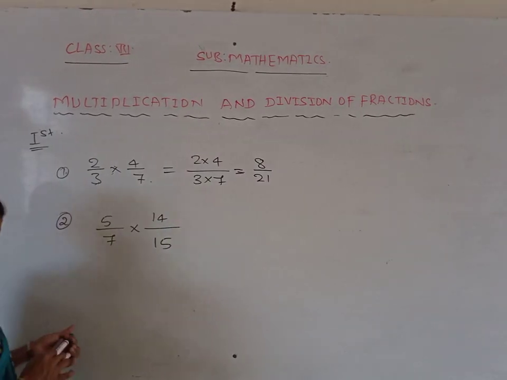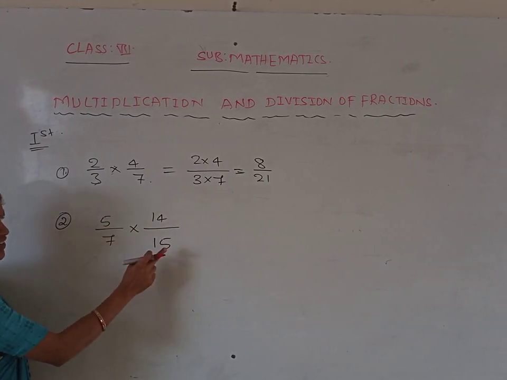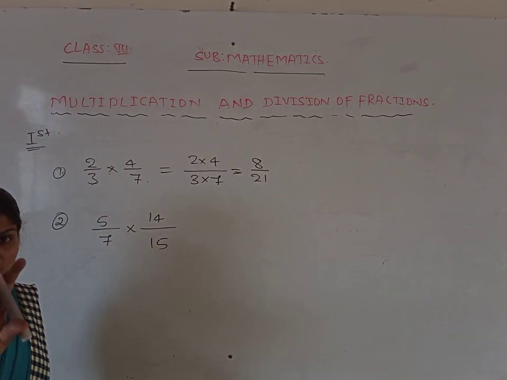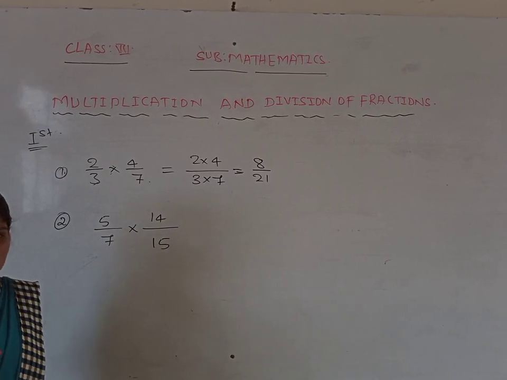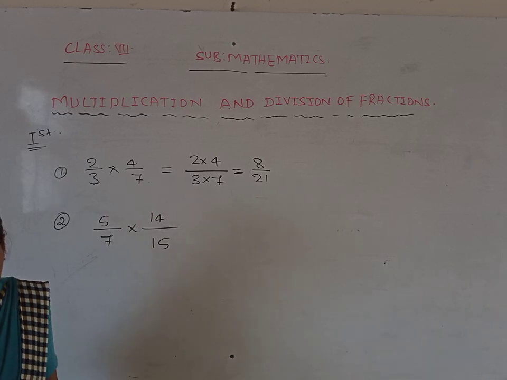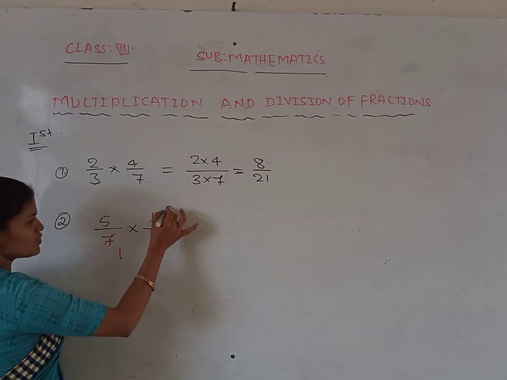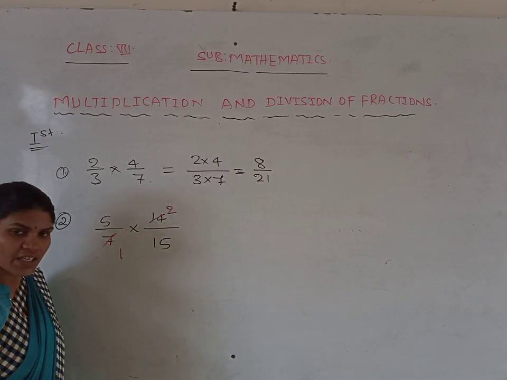Then here also the same. In this cross way, 5 and 15 have a common factor, that is 5. By using that you have to divide both the numbers. Here 7 ones are 7, 7 twos are 14, we can cancel. Clear?